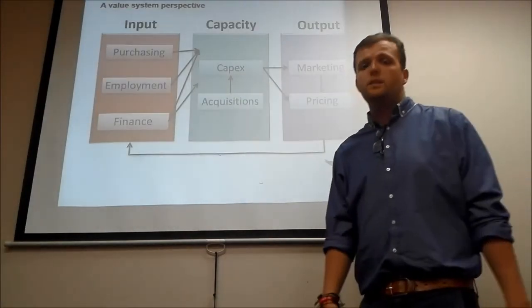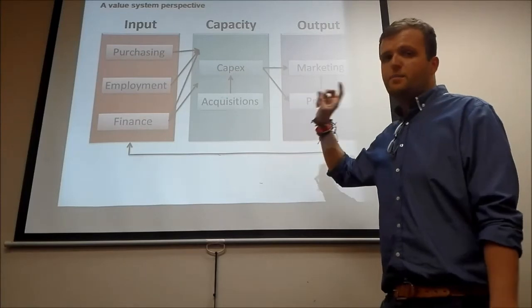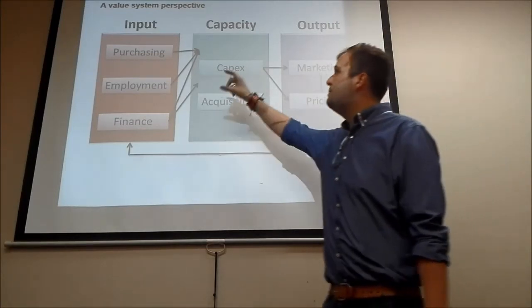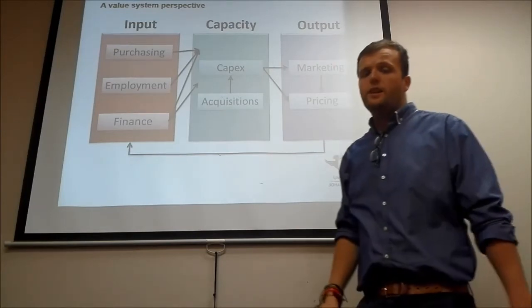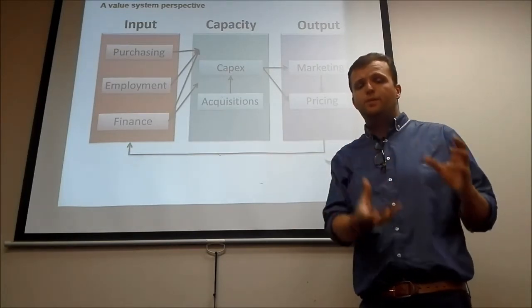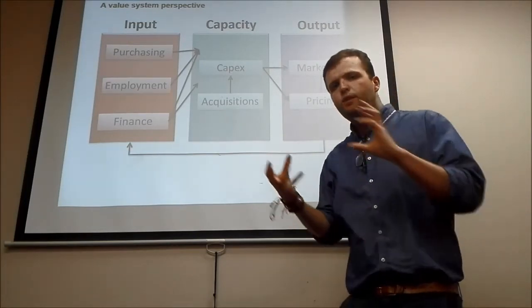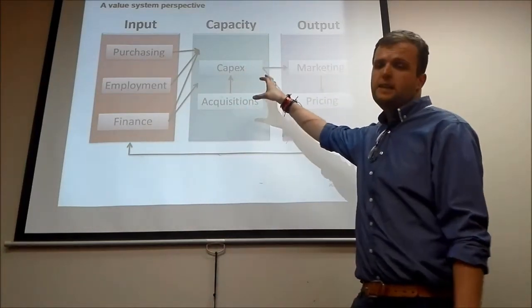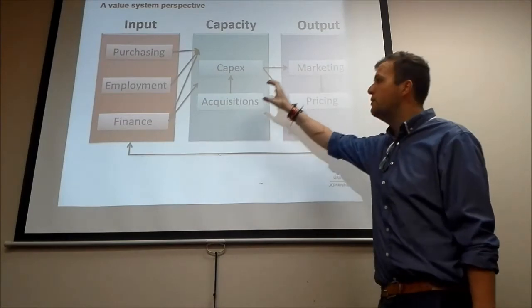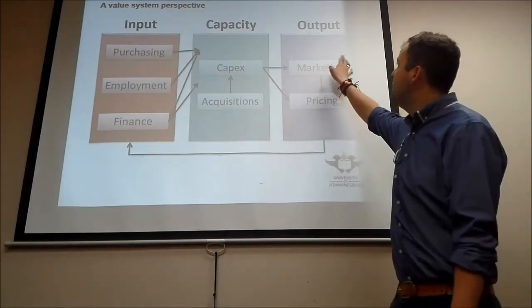Now let's look at a company. A company has three normal processes it goes through: firstly inputs, then capacity, and then output. So if you're a company, you buy inputs, you employ people, then you take them to the factory or to the shop, which is your capacity, or the land, and then you produce something which is then sold via output.